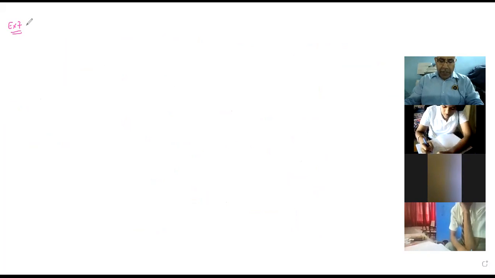A solid toy is in the form of a hemisphere surmounted by a right circular cone. अब देखिए, this is a toy which is in the shape of a hemisphere. It is surmounted by a cone like this. This is the situation.